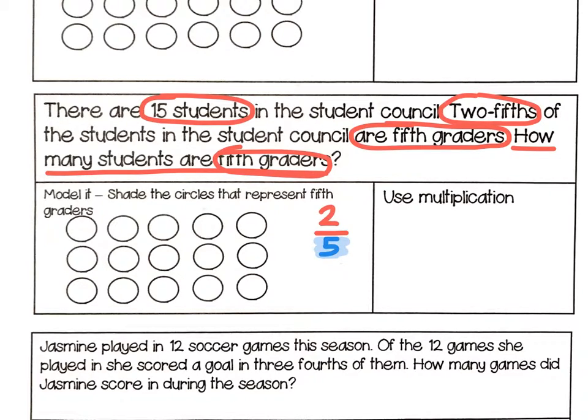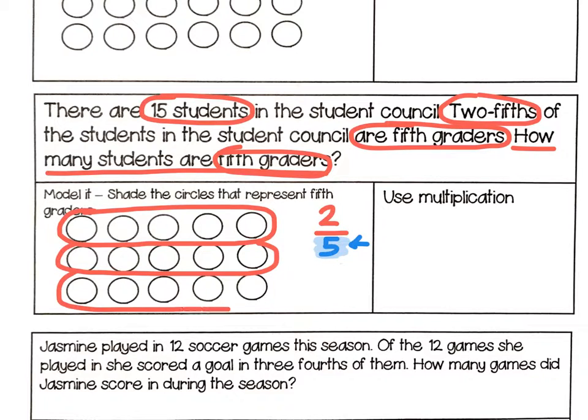So I want to put my 15 students in groups of 5 because that's what my denominator is. So let's circle groups of 5. 1, 2, 3, 4, 5. There's one group. There's 2 groups. And there's 3 groups. And my fraction 2/5 tells me I'm going to shade in 2 out of every 5 students.